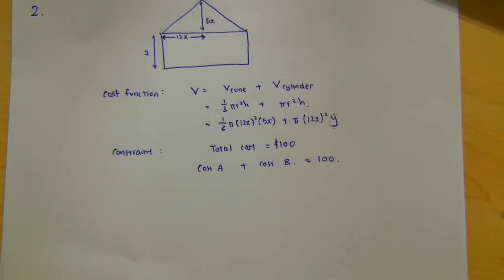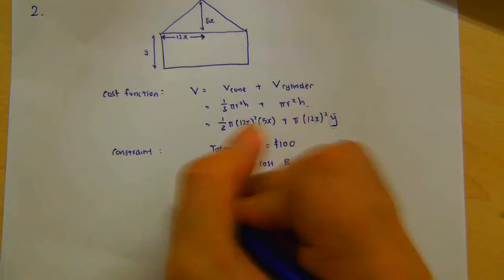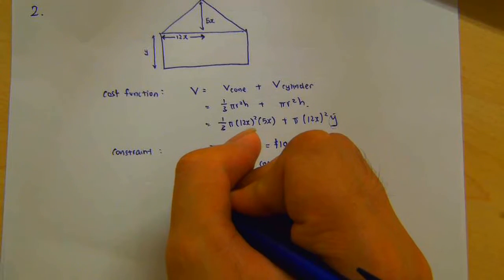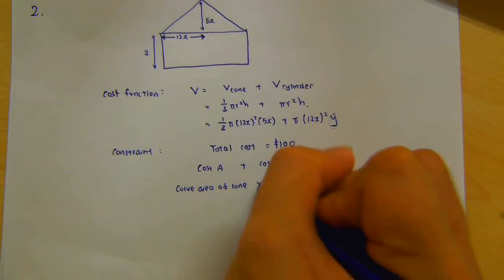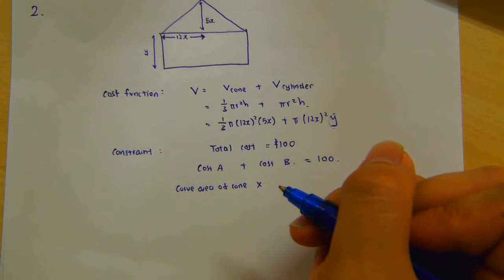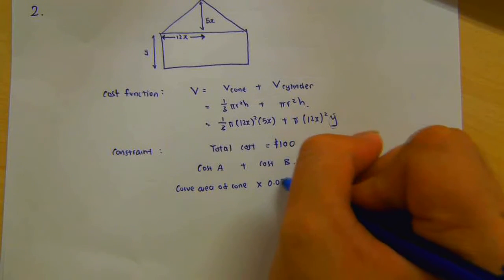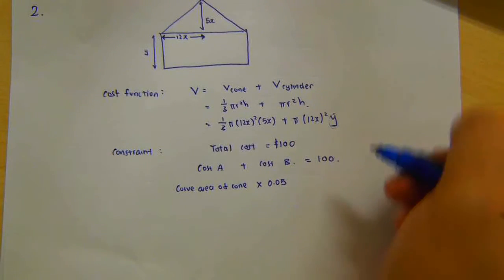Cost A will be the cost of painting the curved area of the cone, and the price per centimeter square is $0.05. So cost A can be re-expressed as curved area of the cone times 0.05.